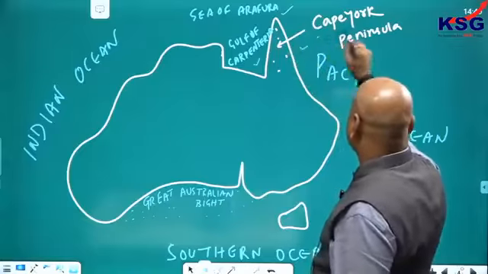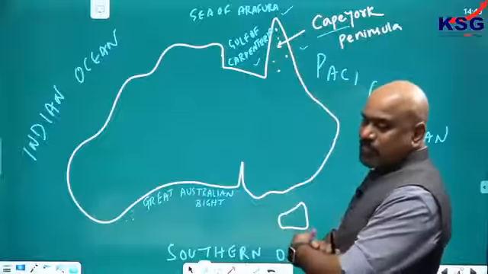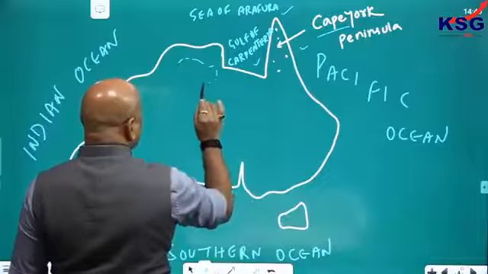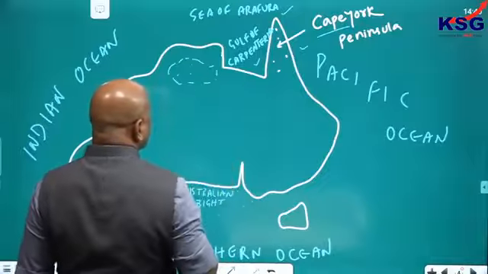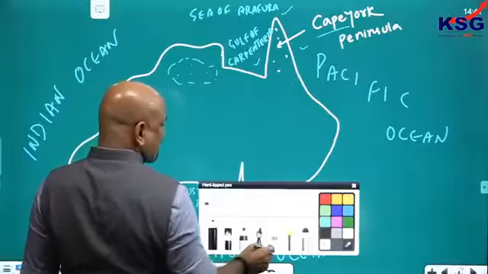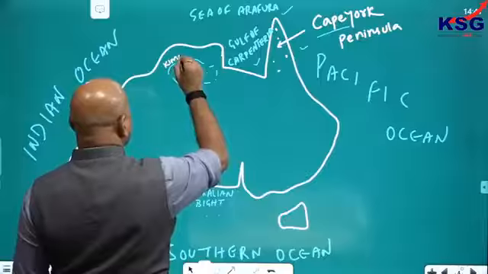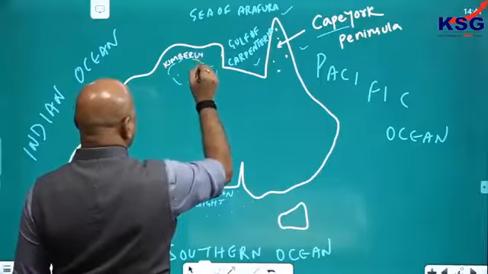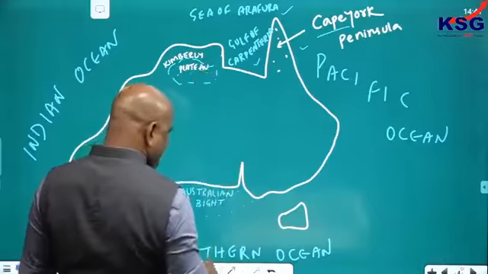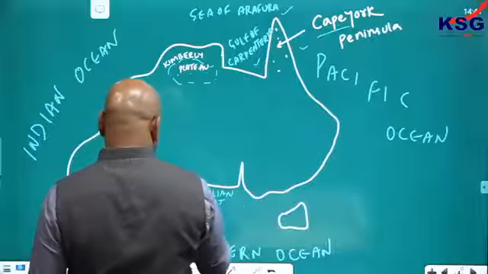So it is a Cape York Peninsula, this region. And here there will be a plateau. देखो यहाँ पे ये प्लेटू का नाम क्या है, can anyone tell me? Kimberley Plateau, is it not? Can you see this? Hope you got it.